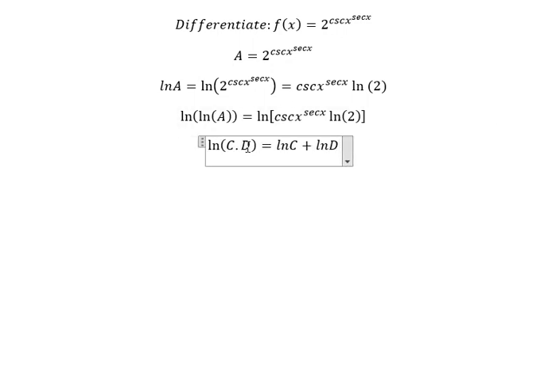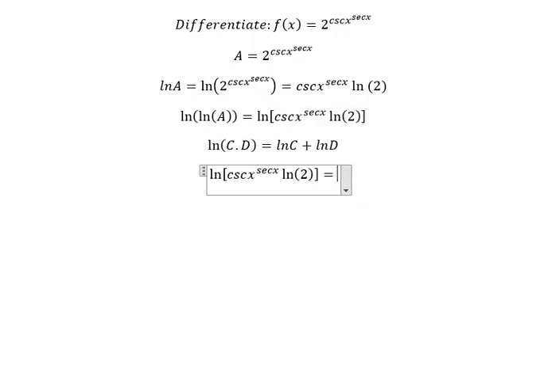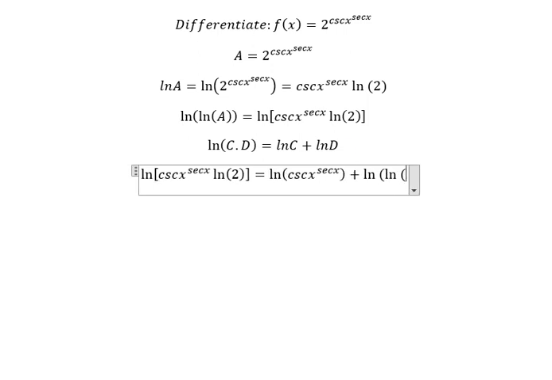So we will apply this one in here. So you got ln of cosecant of s to the power of secant of s plus ln of ln number 2.